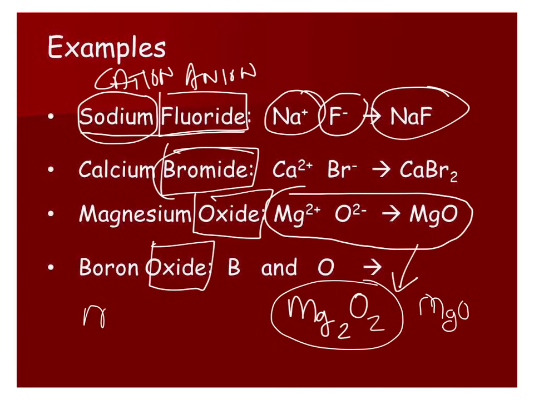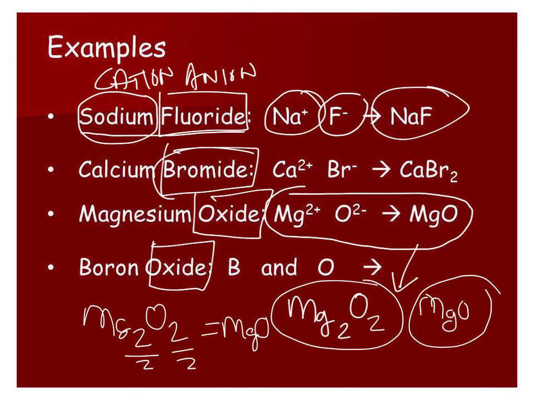So if I take Mg2O2, I can reduce that even further by dividing each element by 2 to get MgO. Right? I haven't changed the ratio. It's still 2 to 2 or 1 to 1, but now it's the correct ratio. So MgO is the actual correct way to write it because we've reduced the ratio of elements to the lowest common ratio.